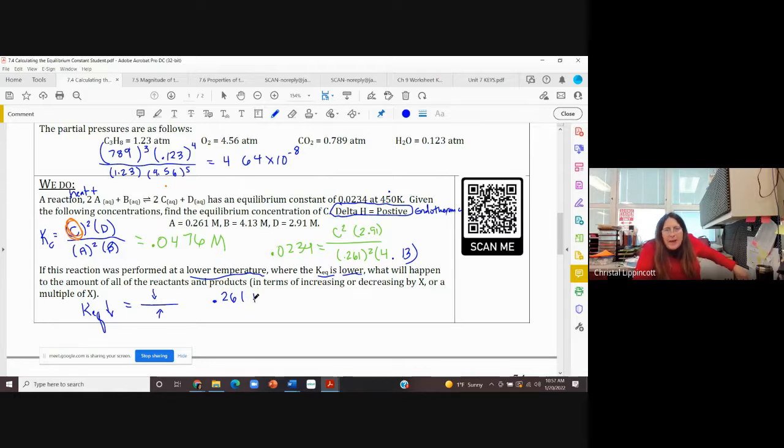We're going to add, they wanted us to do this in terms of X, 2X to that. This is why we have to add the 2 in front of the X. So A will equal this. What do you think B's going to equal? 4.13 plus X. Plus X, good. Okay. Now we're going to figure out C. C is going to equal 0.0476.